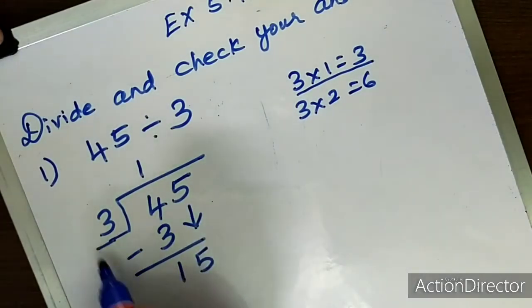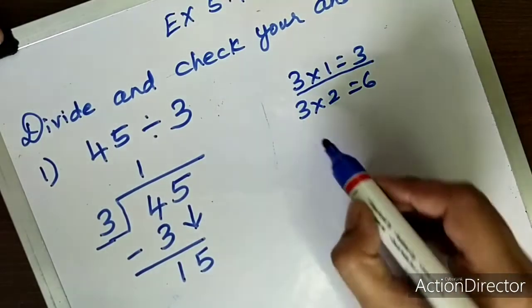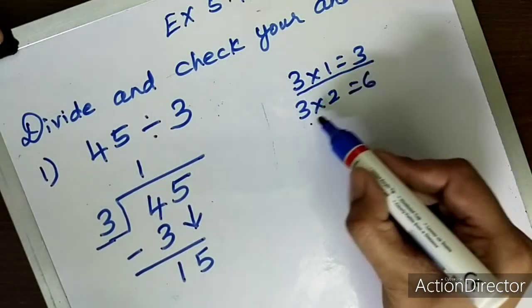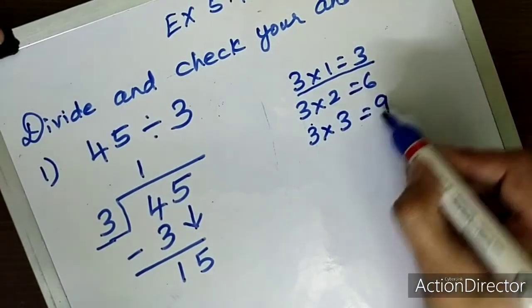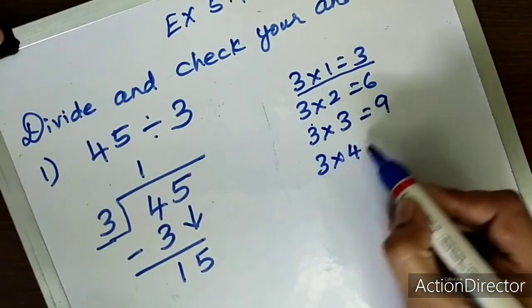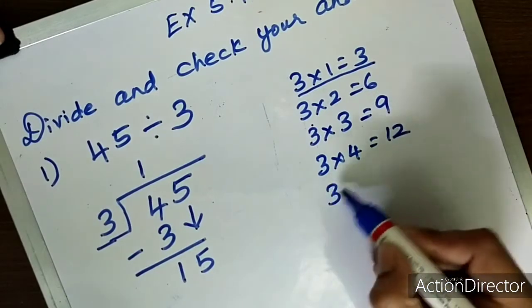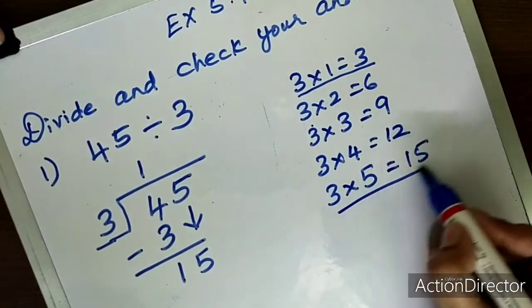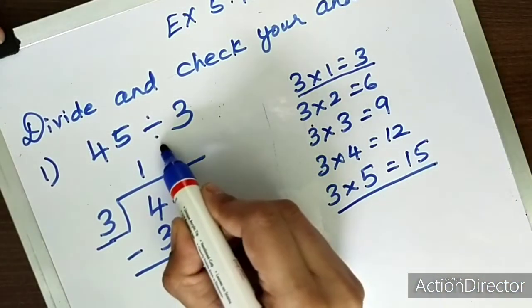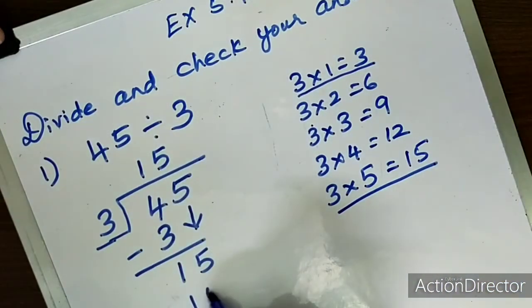3 table, 15 will come. Let's see. 3 ones are 3, 3 twos are 6, 3 threes are 9, 3 fours are 12, 3 fives are 15. Yes, 15 is coming. 3 fives are 15.